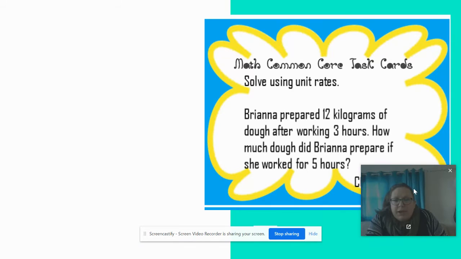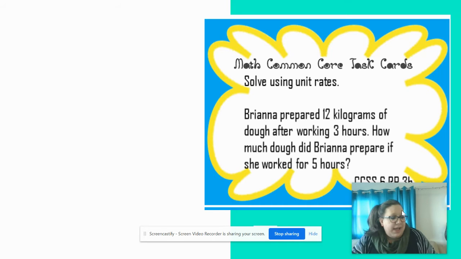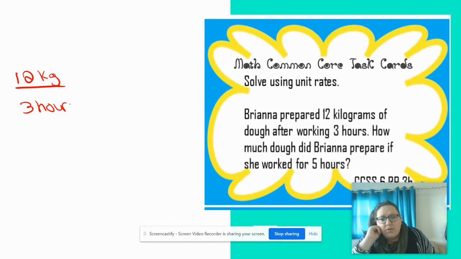Okay. Brianna prepared 12 kilograms of dough after working 3 hours. How much dough did she prepare if she worked 5 hours? These are problems where we have two different sides, three pieces of information, and we need the fourth. So 12 kilograms of dough in 3 hours, and we want to go to 5 hours.